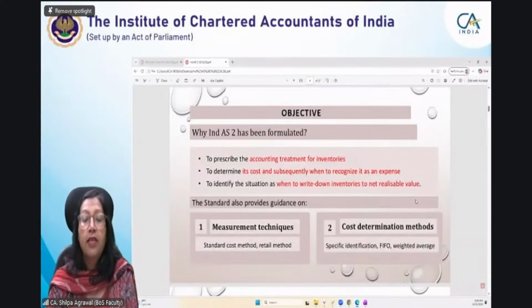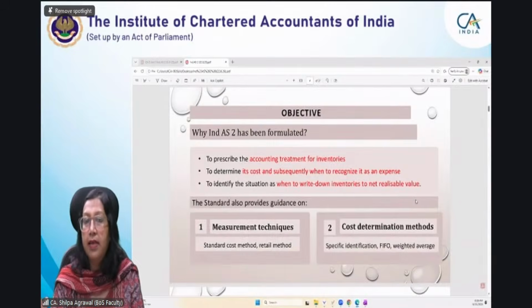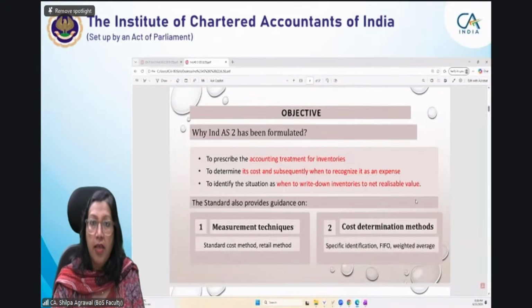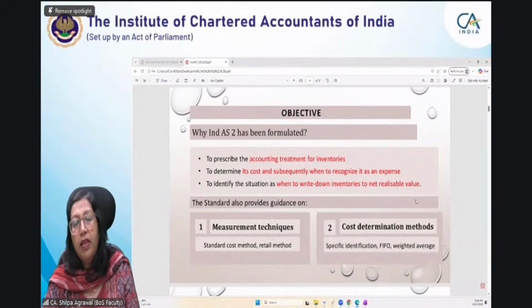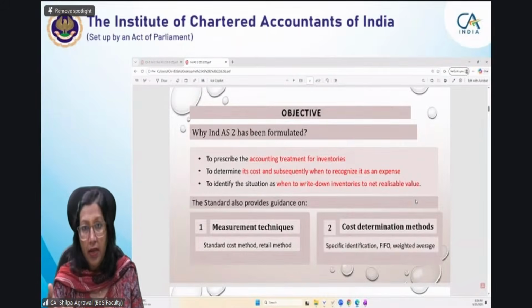Next is situations. Every asset goes with depreciation. For tangible assets, or we say property, plant, and equipment, depreciation is there. For intangible assets, we have amortization. Similarly, for your current assets, which are basically not more than 12 months, in general we say there is no wear and tear, but definitely it may become obsolete.